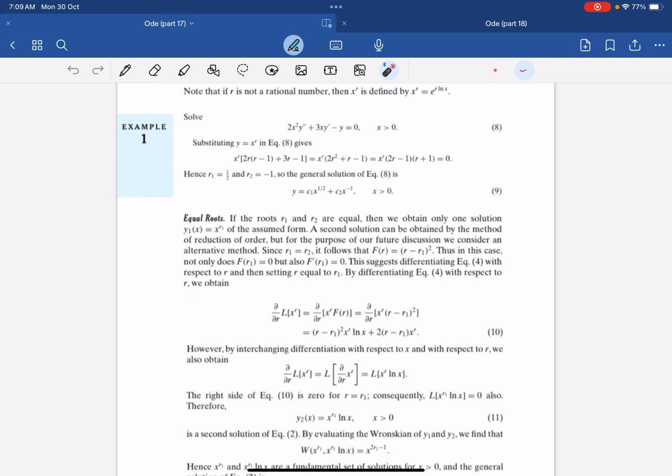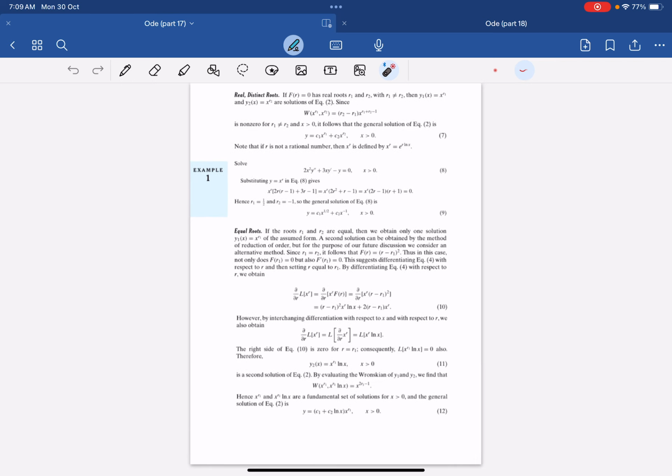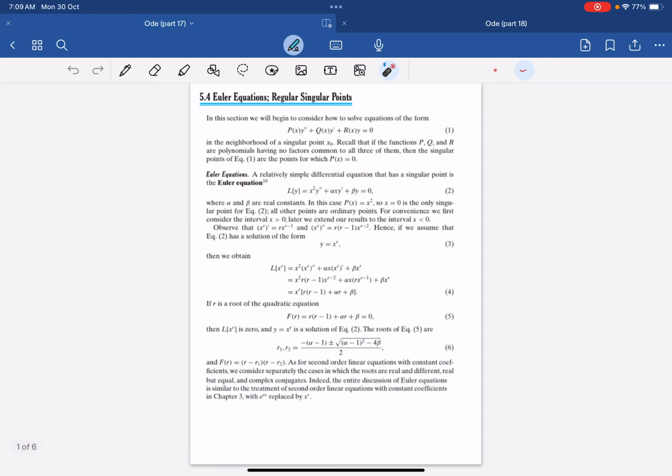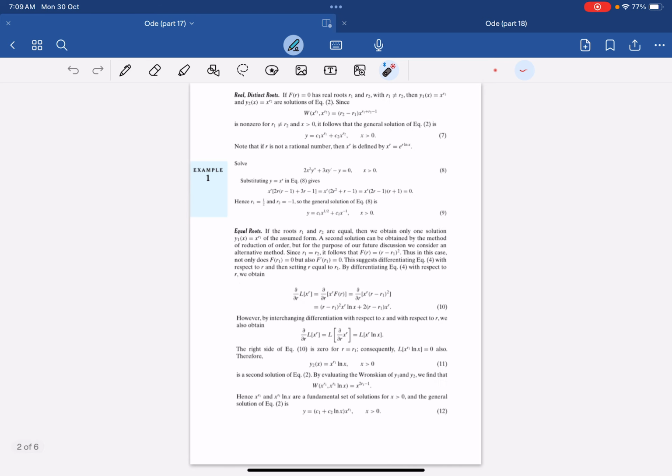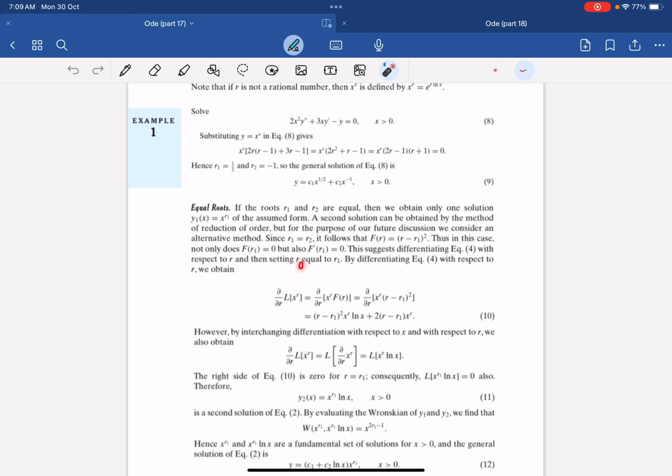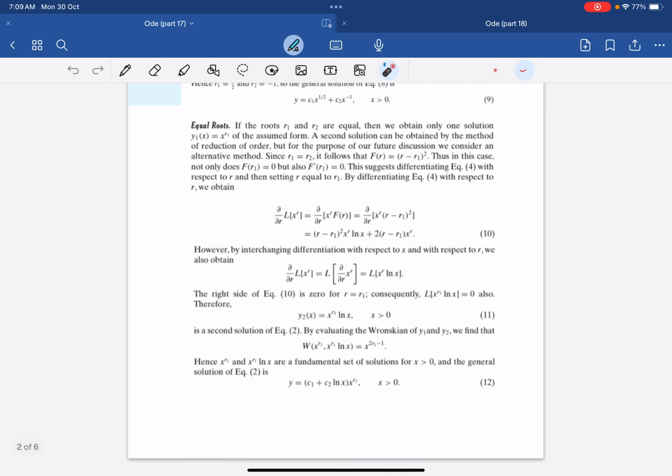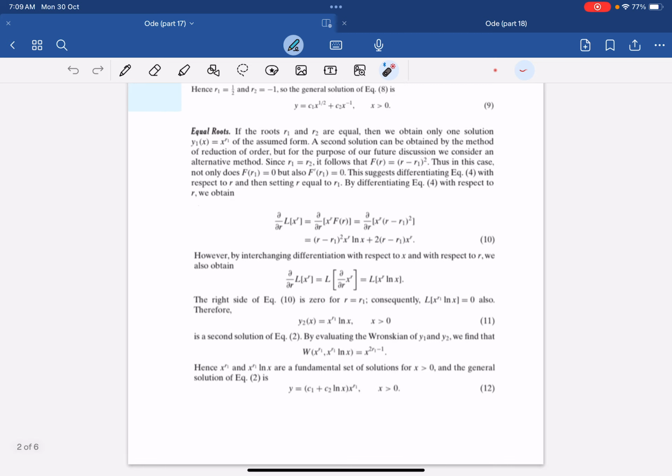What this means is that we just need to differentiate this equation once more with respect to r, and then set r equals r1. We actually get that x to the power r ln x equals 0 will cause the differential equation to be solved.